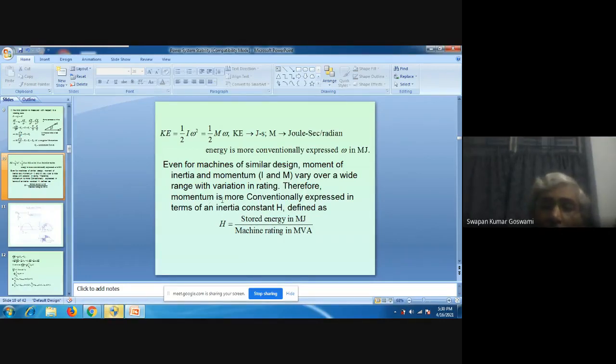Therefore, momentum is more conveniently expressed in terms of an inertia constant H.